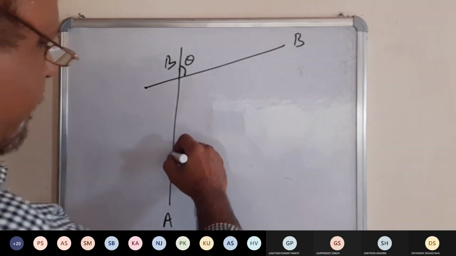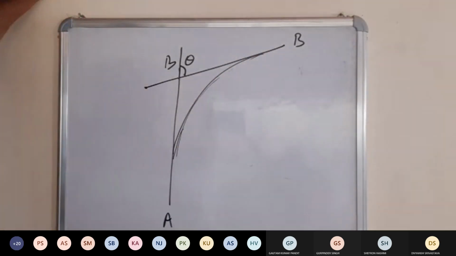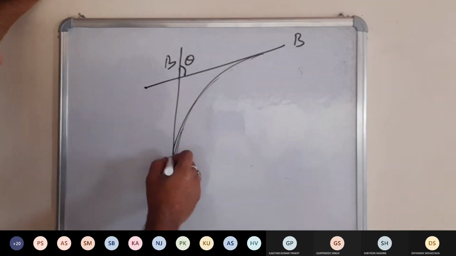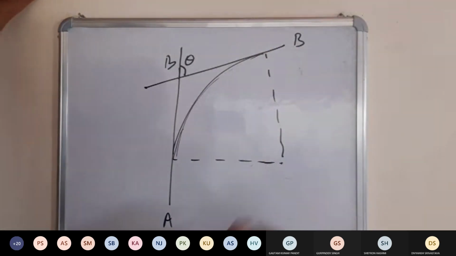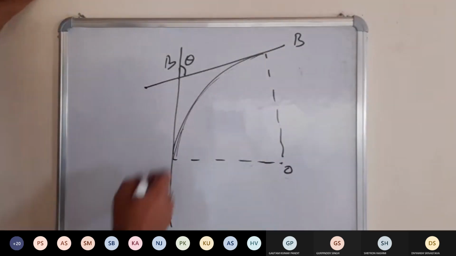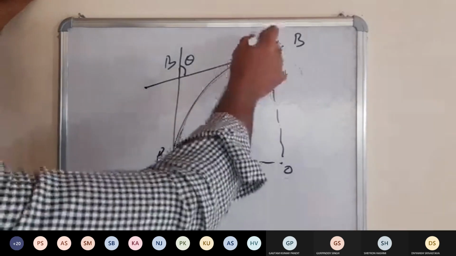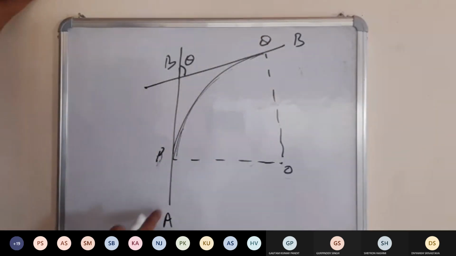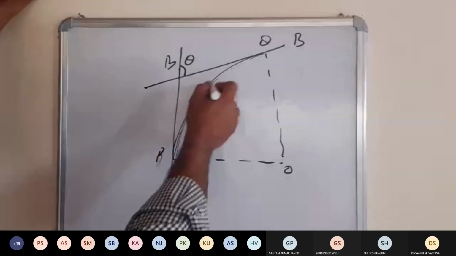We have made a plan for turning with the radius of R. This point being O, it is cutting at P and Q. So the vessel will come from here and then she will begin to turn. We have to keep the vessel on track.